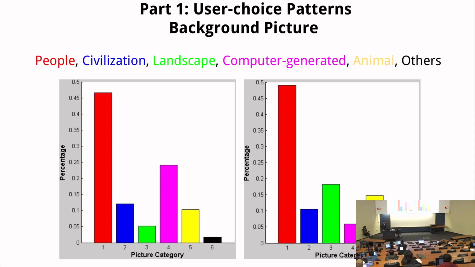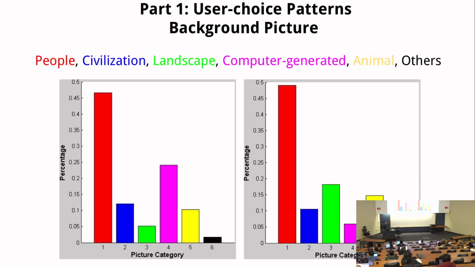So the first thing I was interested in was what kind of pictures they want to select. Obviously, this is only for dataset 1, because for dataset 2, they didn't choose any pictures. So I divided these pictures into these categories, like people, civilization, meaning buildings, cars, trains, everything man-made, landscape, computer-generated pictures, and animals.